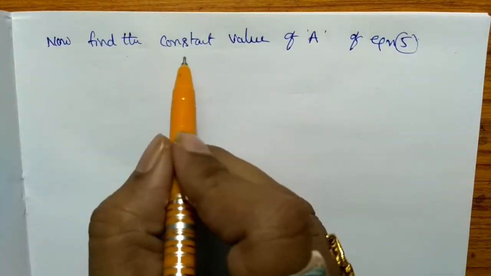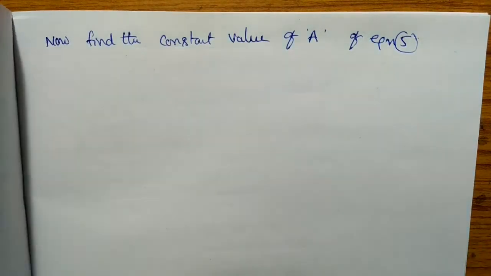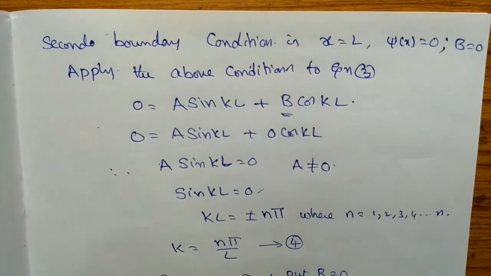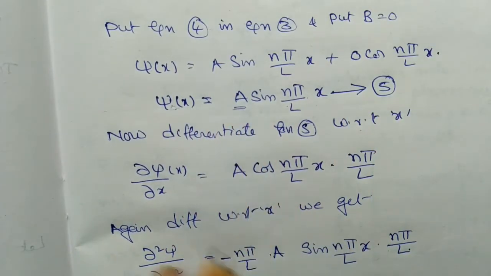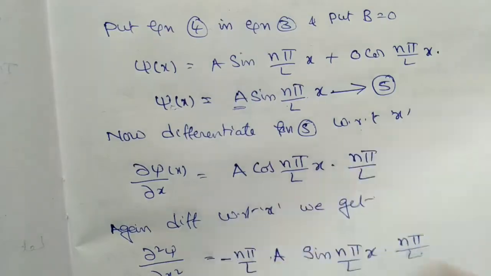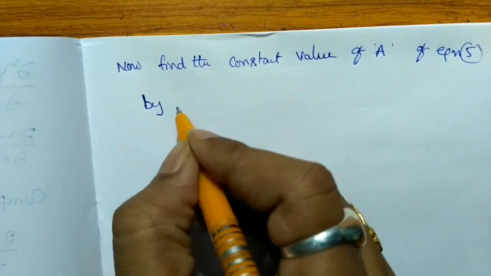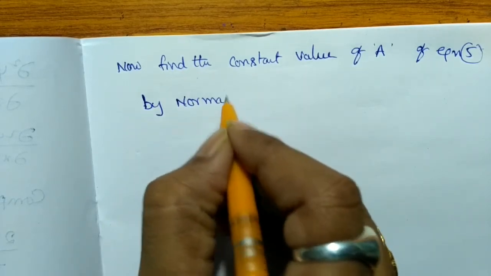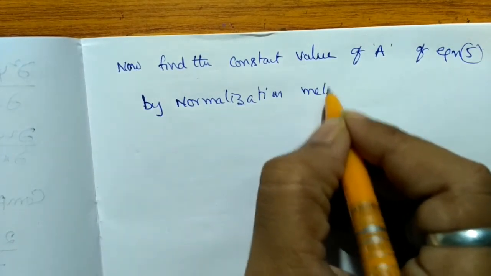Now we find the constant value A of equation number 5. This is the equation. I have to find the arbitrary constant value A by the normalization method.